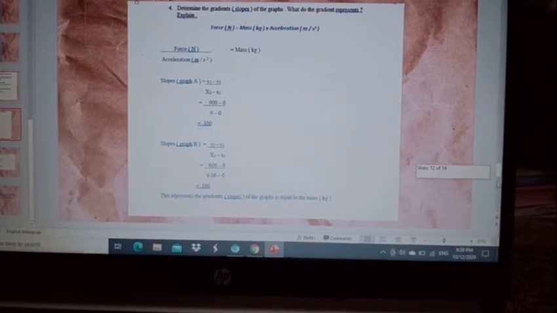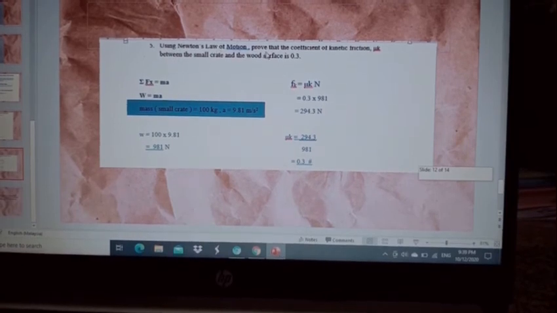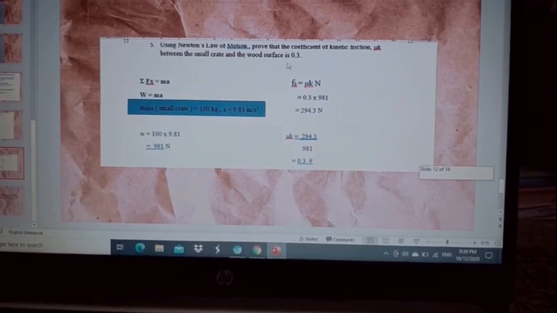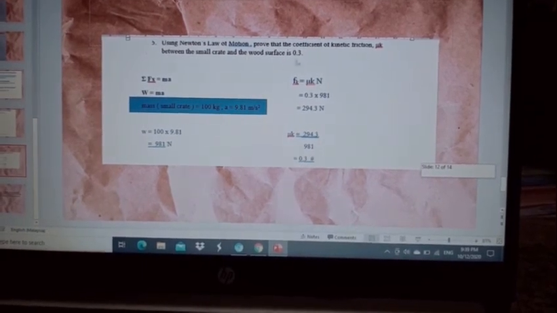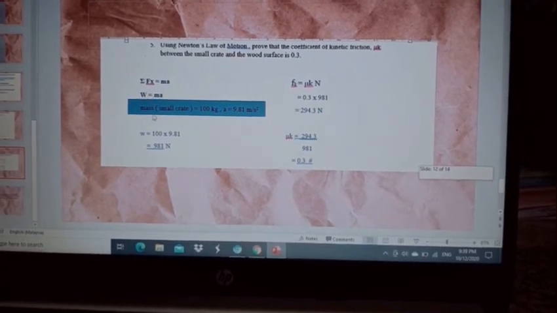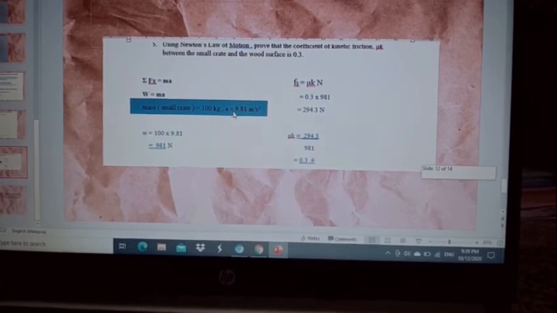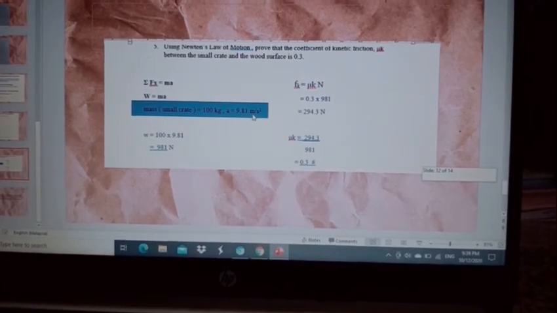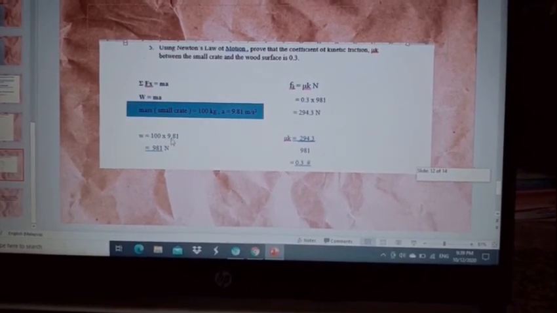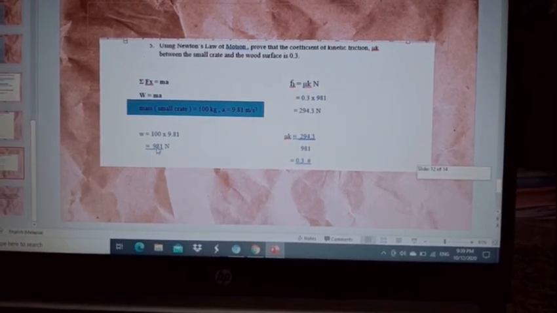Okay, the next question, Number 5. Using Newton's law of motion, prove that the coefficient of kinetic friction between the small crate and the wood surface is 0.3. So weight equals mg. The mass of the small crate equals 100 kg, and acceleration due to gravity equals 9.81 m/s squared. So weight is 100 times 9.81, which equals 981 Newton.